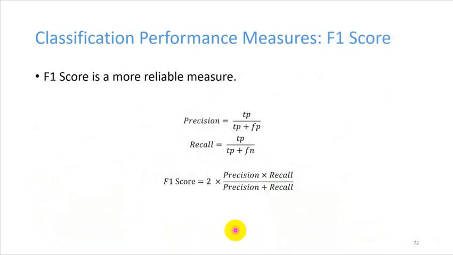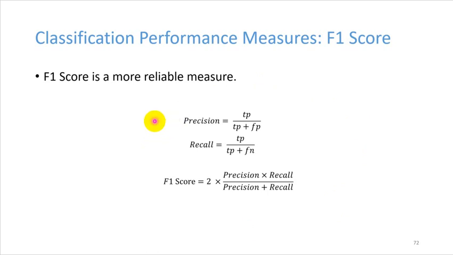So we use other measures because of such problems with the previous one. F1 score is a more reliable one, but it's not the only one that we use in machine learning. The F1 score is calculated like this.